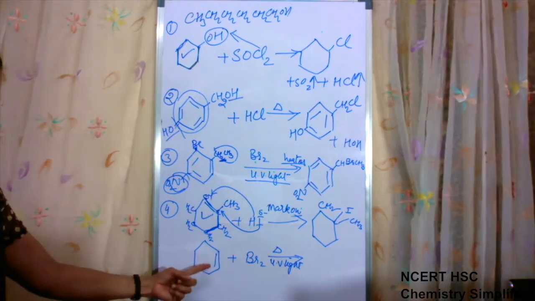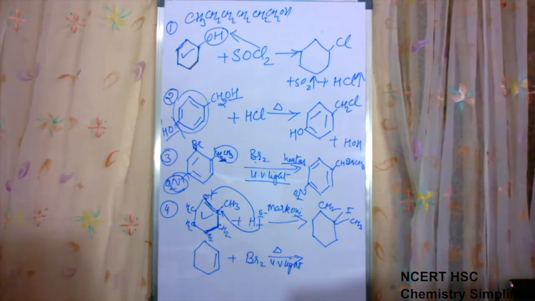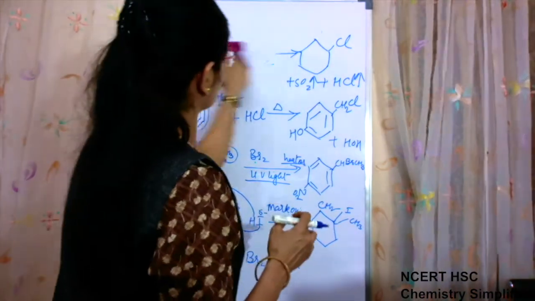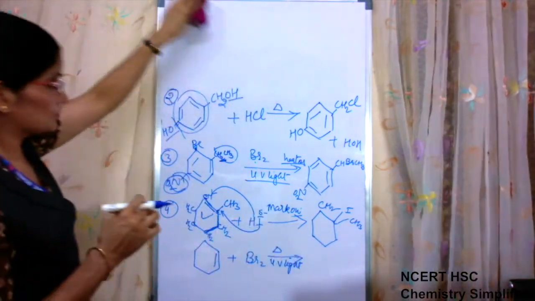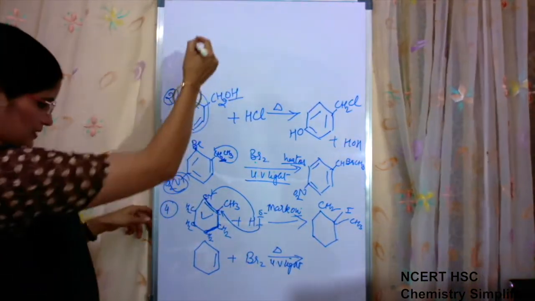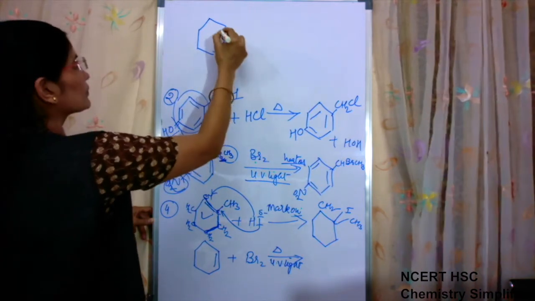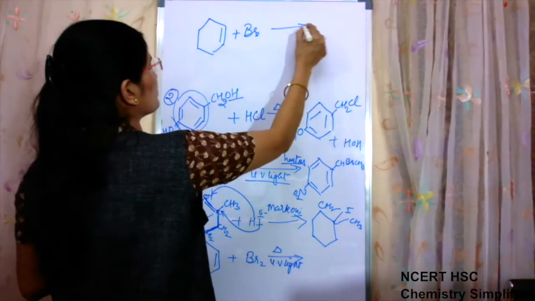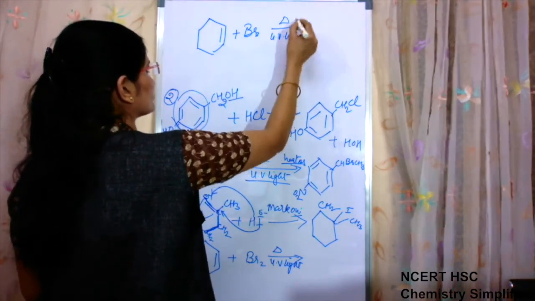Again, this reaction, just see. Visible है? Yes, ma'am. Ma'am, it is visible. चलो फिर भी ऊपर लिख लेते हैं ना, space is there. Plus Br2 in presence of UV light or heat.